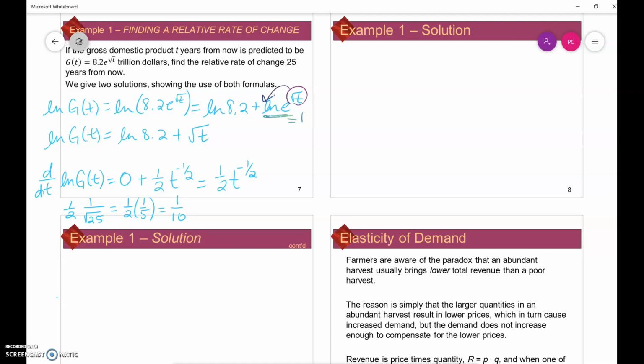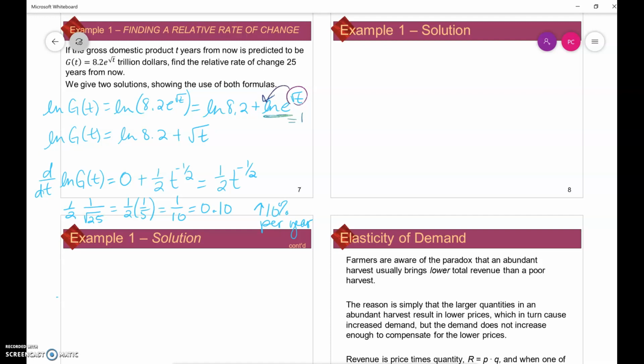Meaning, or 0.10, this means that in 25 years, that gross domestic product will be increasing at a relative rate of 10% per year. Okay, so it's going up, it's increasing 10% per year.